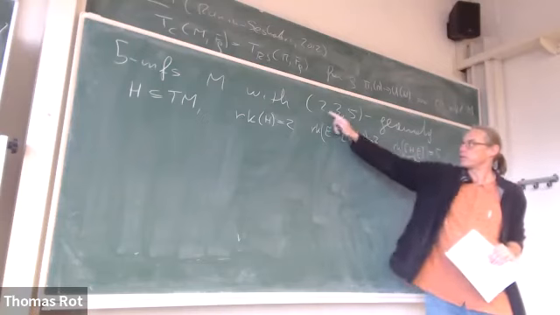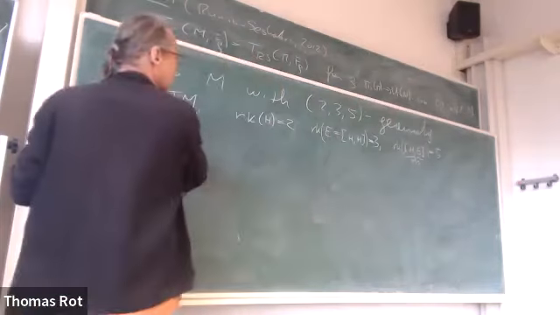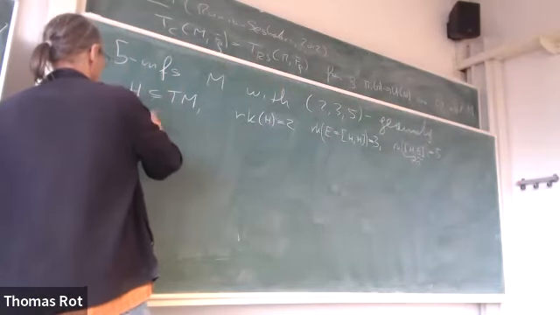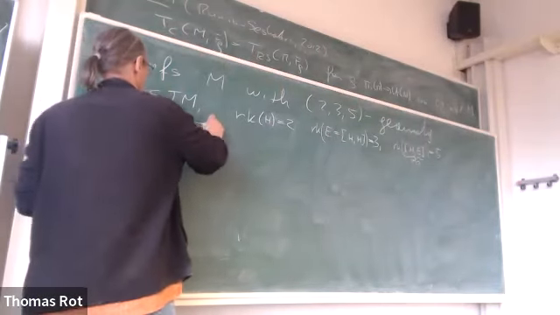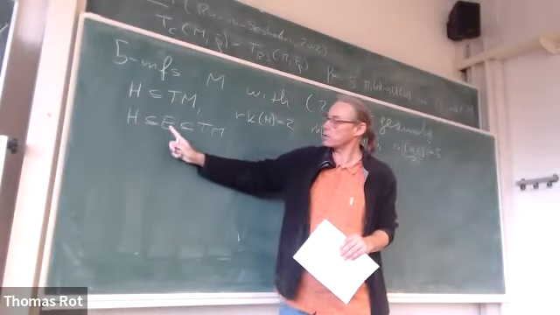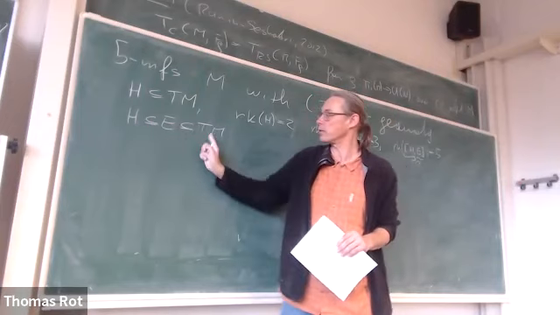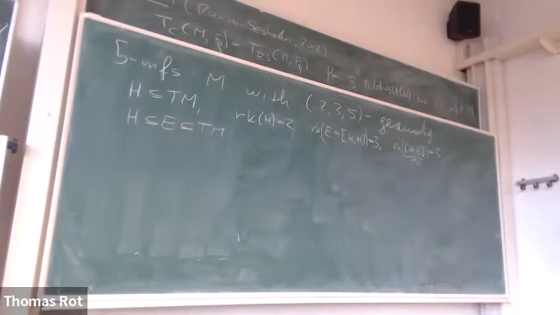That explains the numbers 2, 3, 5. The filtration you get on M is: this is the rank 2 subbundle, this is the rank 3 subbundle, and this is the whole tangent bundle. So these are the numbers 2, 3, 5. The bundles spanned by the brackets grow as quickly as they possibly can.